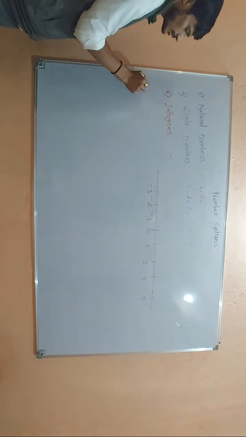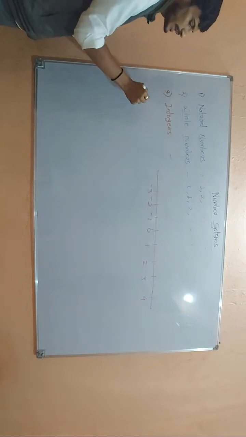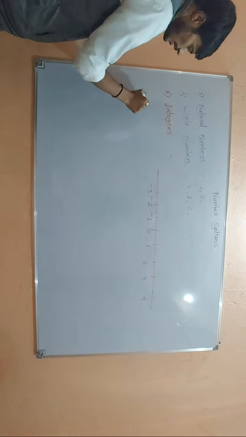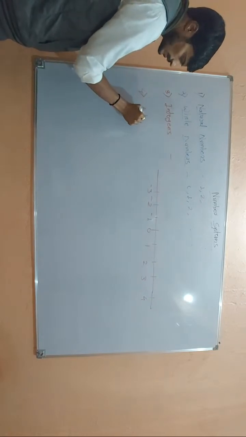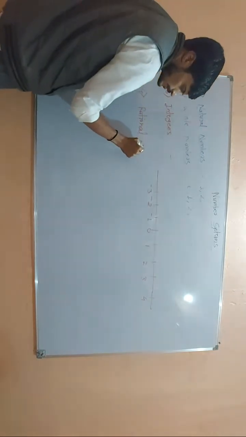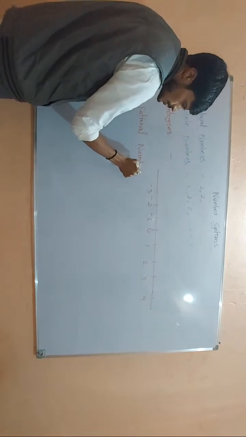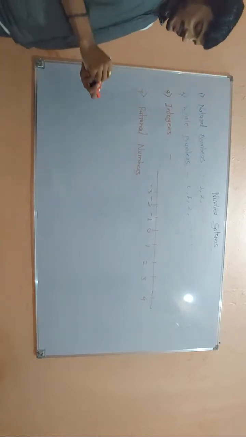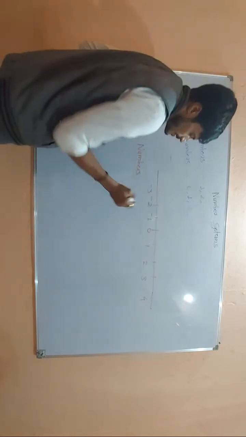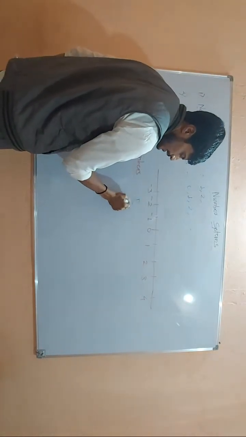Then the next one is rational numbers. What is meant by rational numbers? Let us consider one number is given to you, p divided by q.